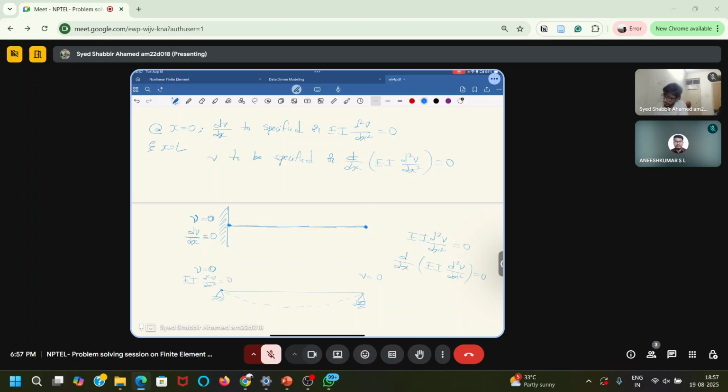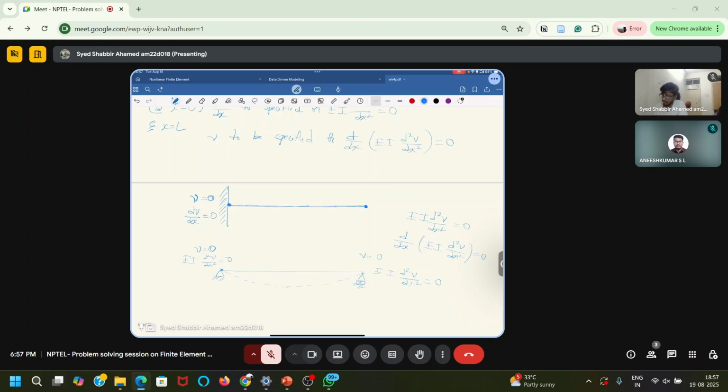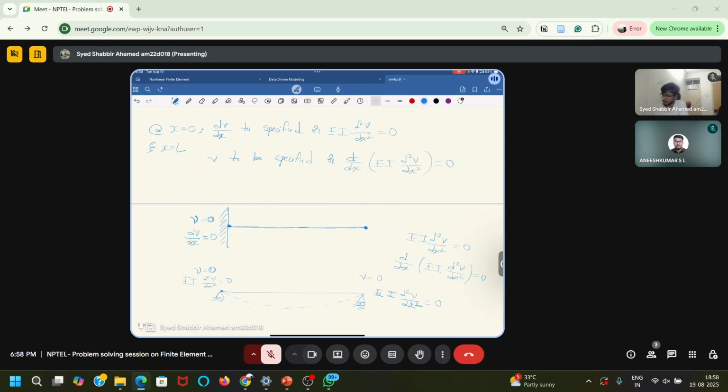So these two will be the boundary conditions at each boundary in the simply supported beam. This is how we can determine the boundary conditions accordingly, based on the structure which we have. Either it has to be v or shear force, and either slope or bending moment.